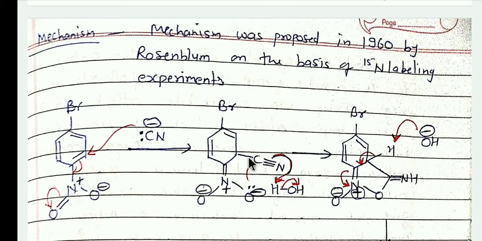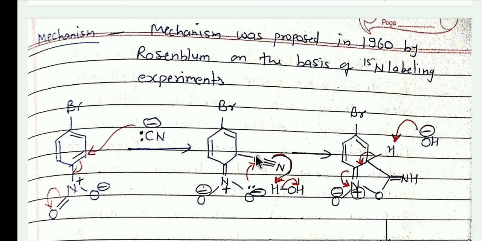Here CN is attached to the carbon atom and this O becomes negatively charged. Now, in the reaction of this molecule with a water molecule, the CN abstracts a proton from water, and before abstracting, the bonding electrons are displaced from carbon to nitrogen.